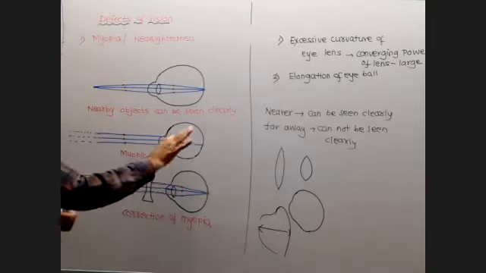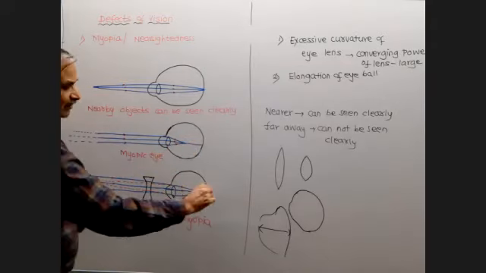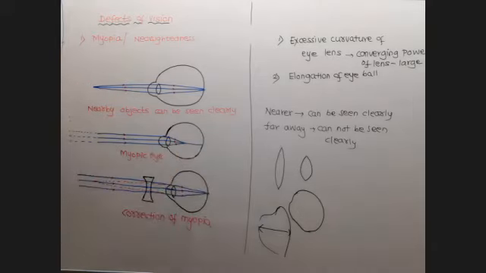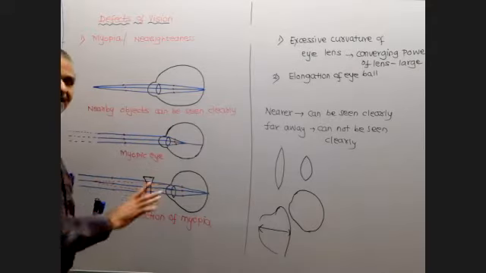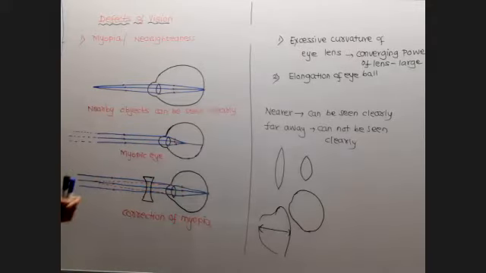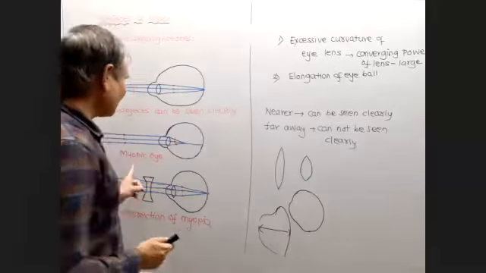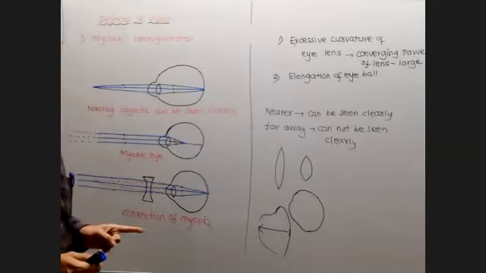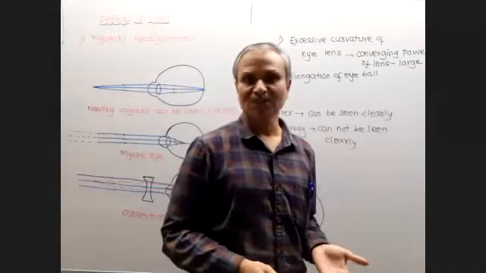Initially they would converge and fall in front of the retina, but because of this concave lens, they will diverge and again fall on the retina. So for the correction of myopia, a concave lens of suitable focal length is used. Suitable focal length means suitable power. You know, the focal length of a concave lens is negative.